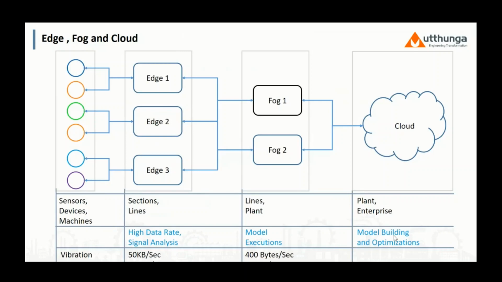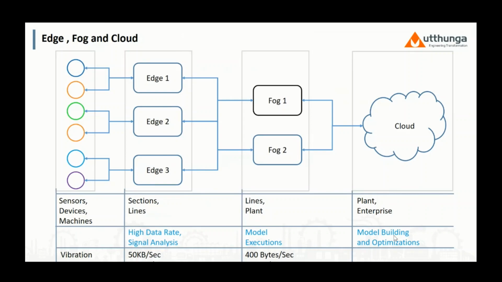See, the edge, fog, and cloud are simply computes. They just compute something, but they are divided into different names based upon the kind of data that they compute and where they compute it. Now, if you look at this particular diagram, you have sensors towards your left, and then they are connected to the edges, and then they are connected to the fog devices, and then finally into the cloud.